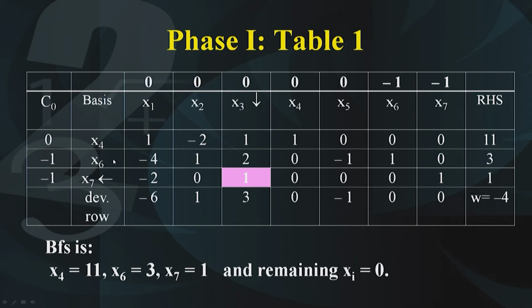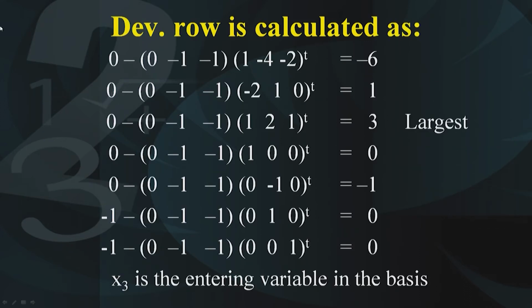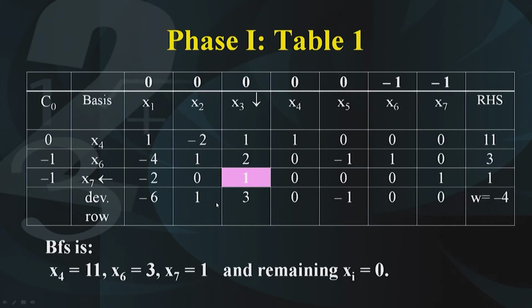Similarly, the second entry is nothing but 0 minus (0, minus 1, minus 1) multiplied by (minus 2, 1, 0) and this comes out to be 1. So, this entry is 1.